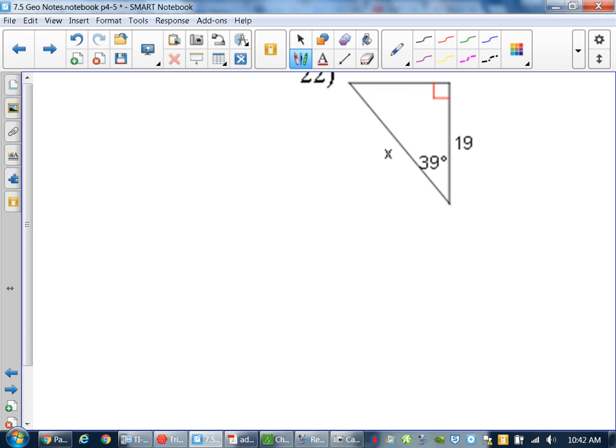So we wrote it out, you guys had this written out, it was the cosine of 39 was 19 over x. And you had that written down on your papers, correct? Yeah. All right. This is the other case of where the variable could be.